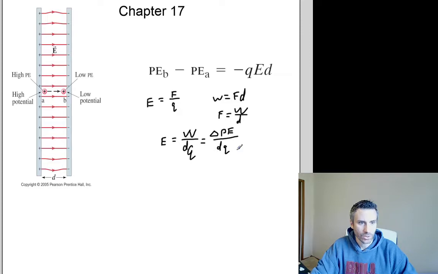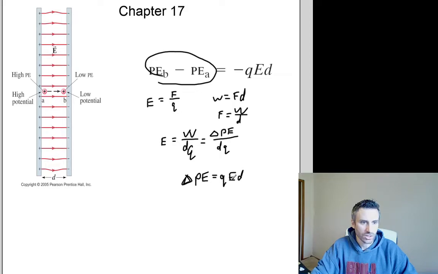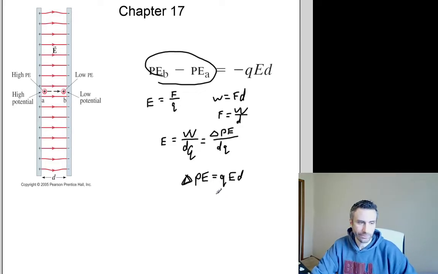And if I were to just multiply each side by Q and D, then I would say that the change in potential energy, which is what this is, right? The change in potential energy is equal to Q E D. I changed the order a little bit because this is usually the way it's represented, but it's all the same. Okay. So that's where that comes from.